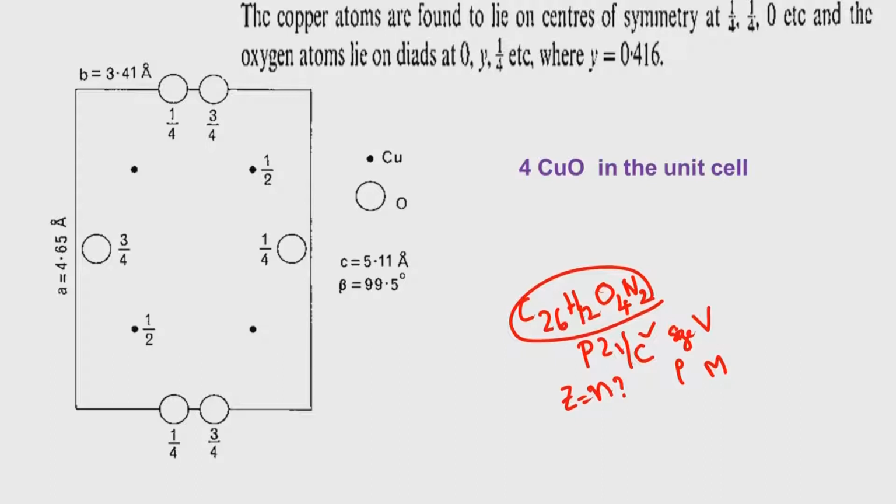Suppose this also by density tells us that there are 4 molecules in the unit cell, then there are 4 general positions in P21/c. So, we therefore have to determine 26 positions of carbon, 16 positions of oxygen, 8 positions of nitrogen, and 12 times 4, 48 positions where hydrogens can sit.